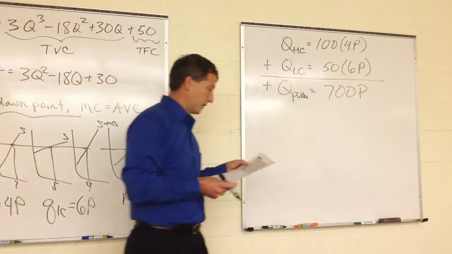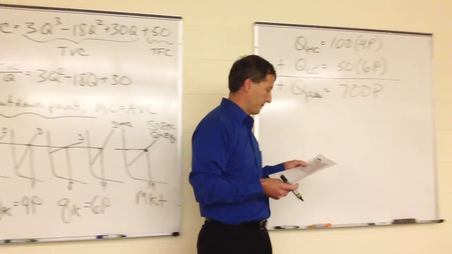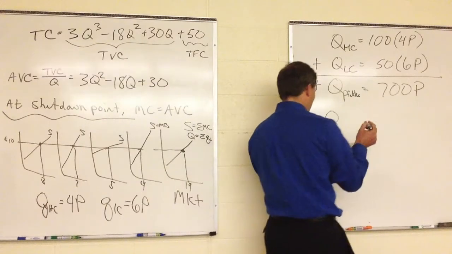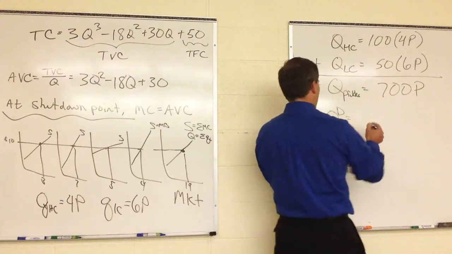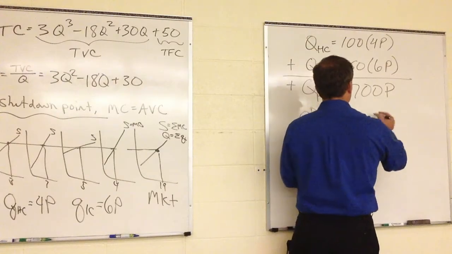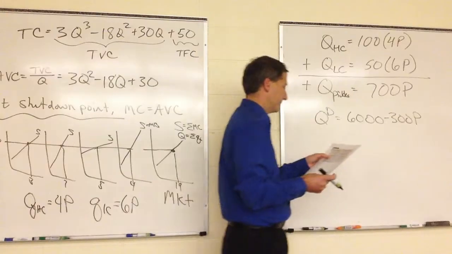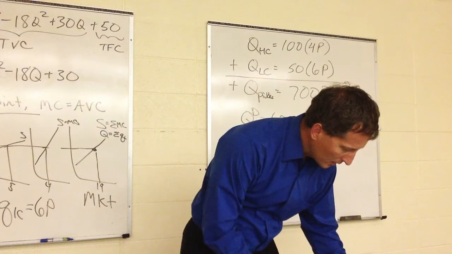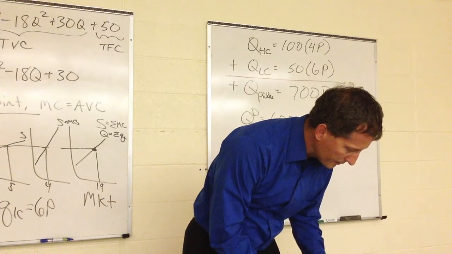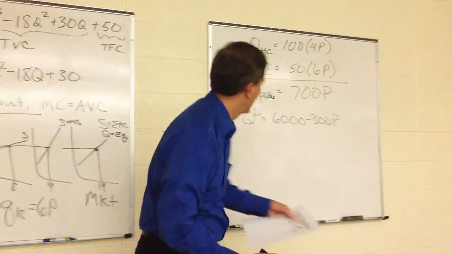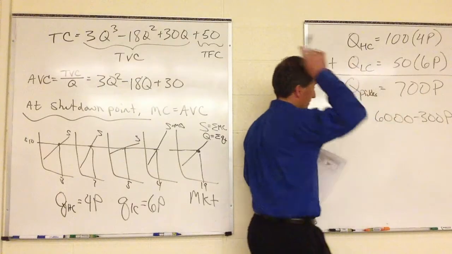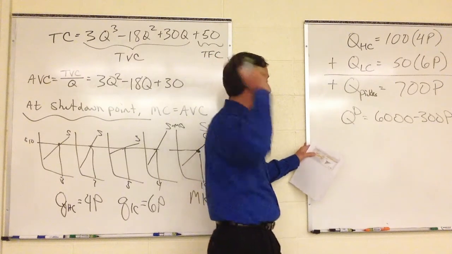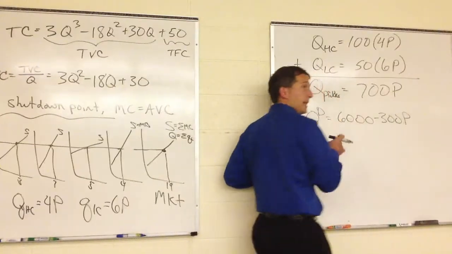Okay, if the market demand curve for jars of pickles is given by that equation, what are the equilibrium market price and quantity? So now we're right back to a supply-demand deal. We've got 6,000 minus 300p. How many jars? 4,200, yes. Set that equal, and then you're going to be solving for p.